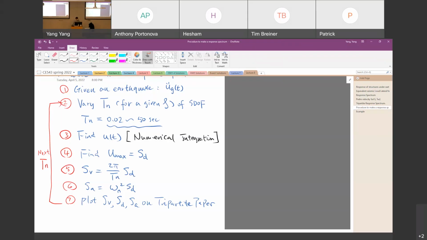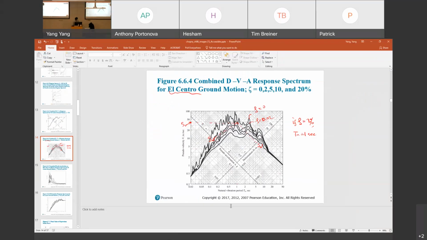That will give you much better results, because as you can see here, the Tn is varied in the log space. So that's why I would recommend you to use log values for Tn, equally spaced. Does that make sense?